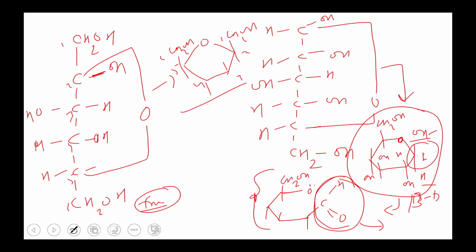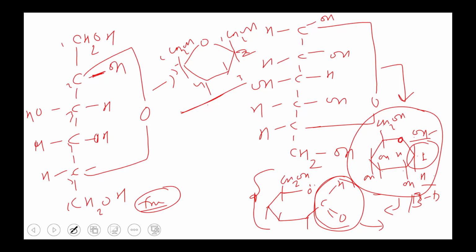And here the second carbon, which was the ketone form, so here also there is an equilibrium. This one is hemiacetal, this one is hemiketal. So there is an equilibrium between the cyclic and the acyclic forms of the sugar.